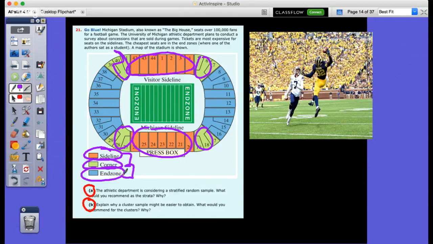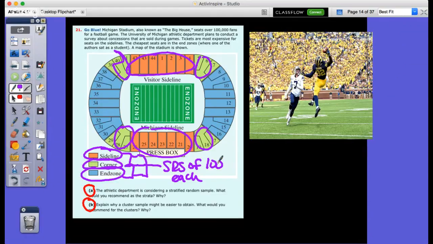So what you could do is divide each of these up into strata, strata 1, strata 2, strata 3. And then after that, I would take an SRS of each. So let's say we're trying to sample 100 within each, so 300 total. I would sample an SRS of 100 each, okay?